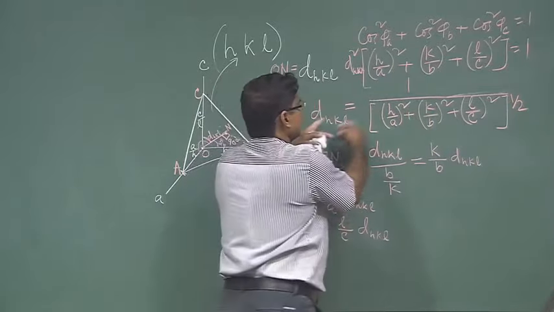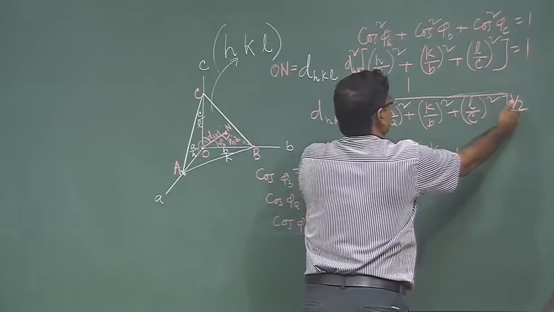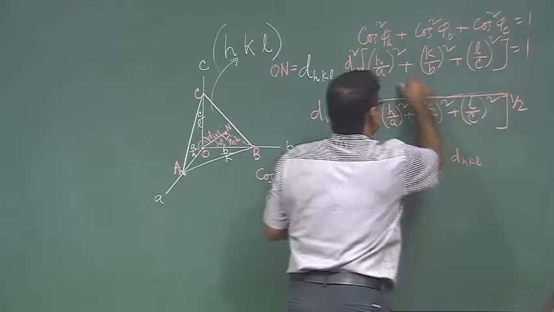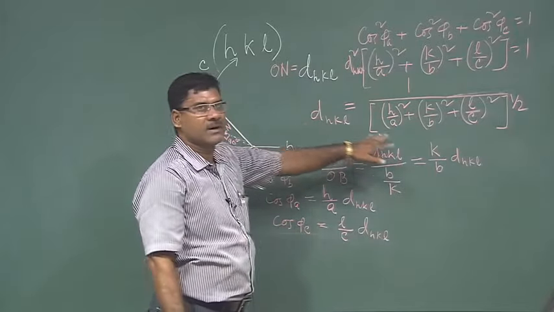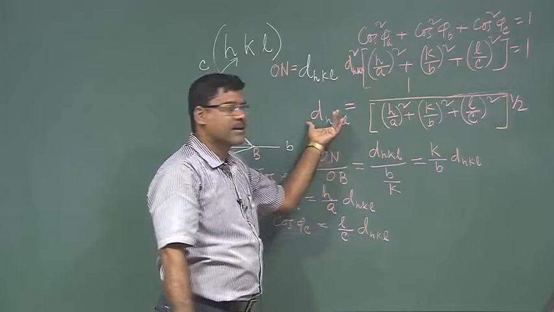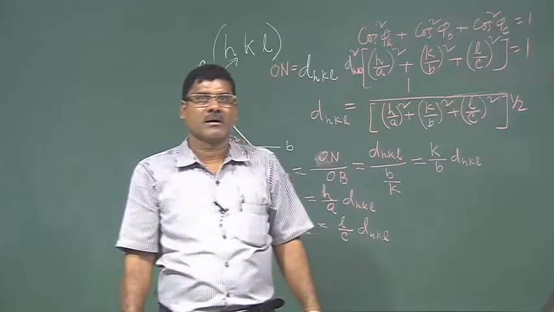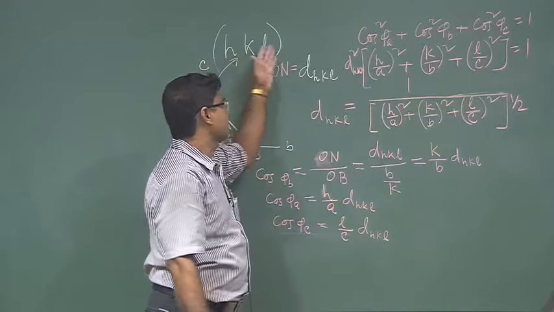One can write this just as a power of minus half. So this is the expression for the interplanar distance of HKL plane.